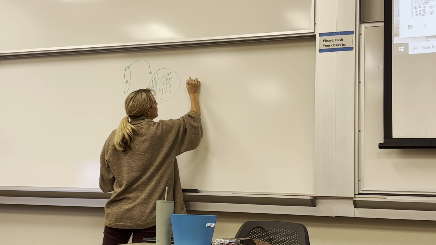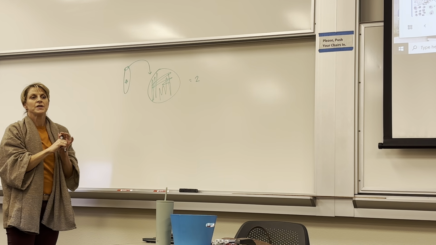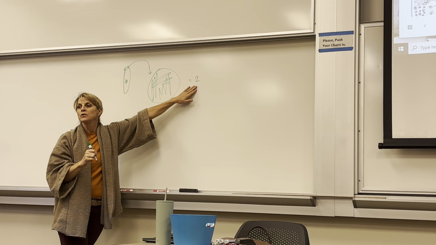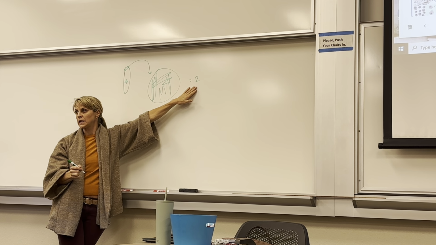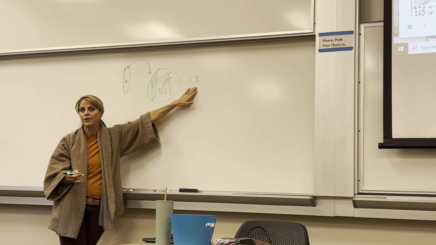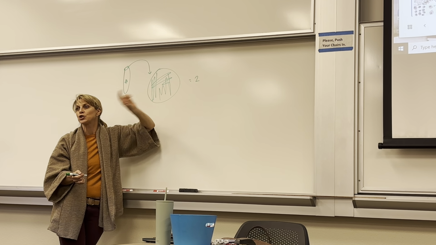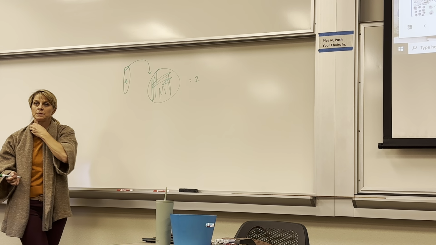So hopefully we had 2 colonies. This is your goal. If you did not get this today, or you're worried you might not have 2 colonies, this is priority number 1. Make sure you have 2 separate organisms.